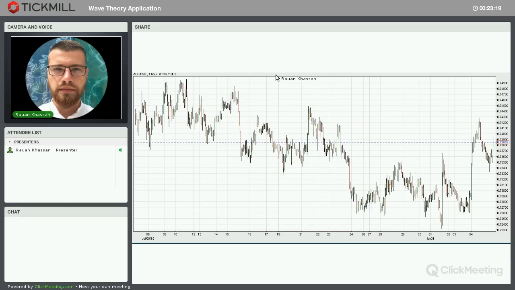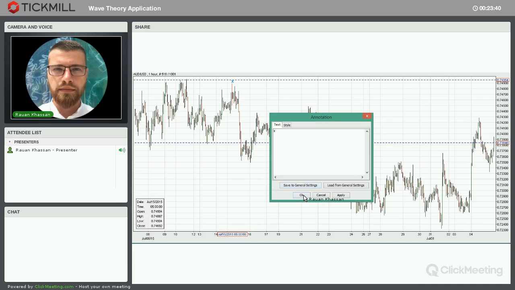So let me mark the start of the annotation. Let me mark the start with X sign.